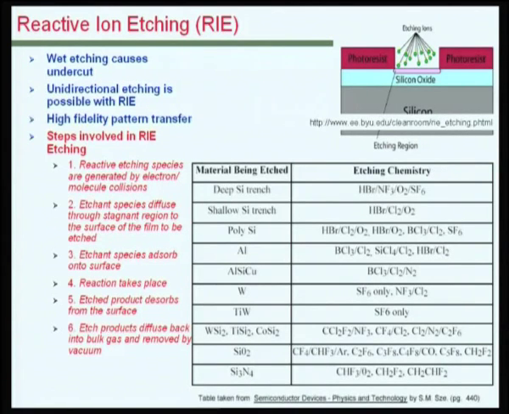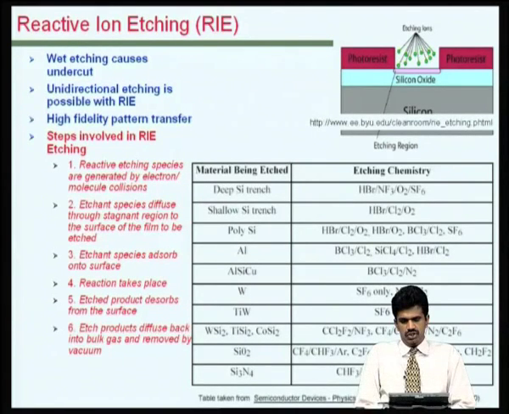As I mentioned, in reactive ion etching, we properly choose the ions in the plasma and make them react with only the desired material on the wafer.